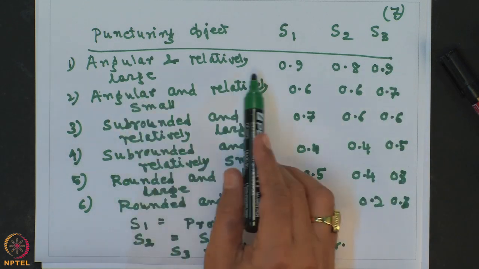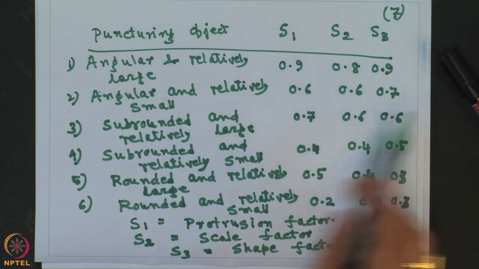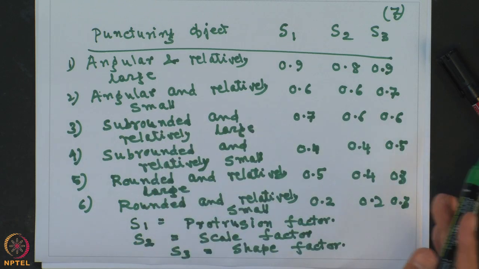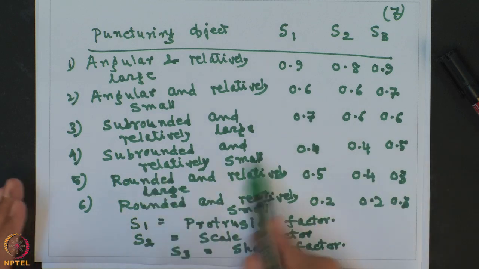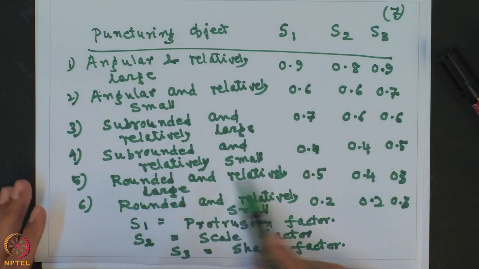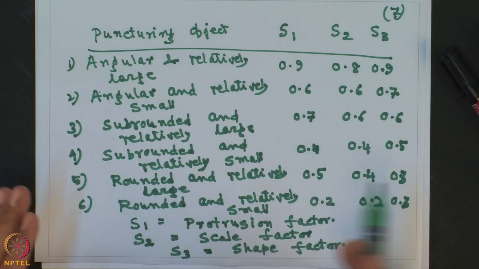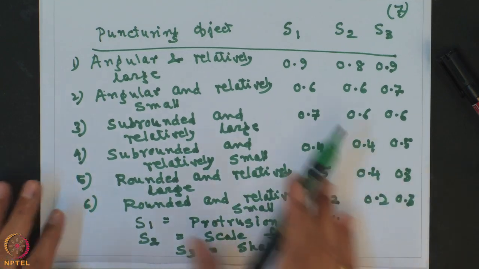If it is angular and relatively large, or angular and relatively small, or sub-rounded and relatively large, sub-rounded and relatively small, or rounded and relatively large, or rounded and relatively small. So, depending upon the various types of puncturing object, you can take these values S1, S2, S3 and then you can solve the problem.